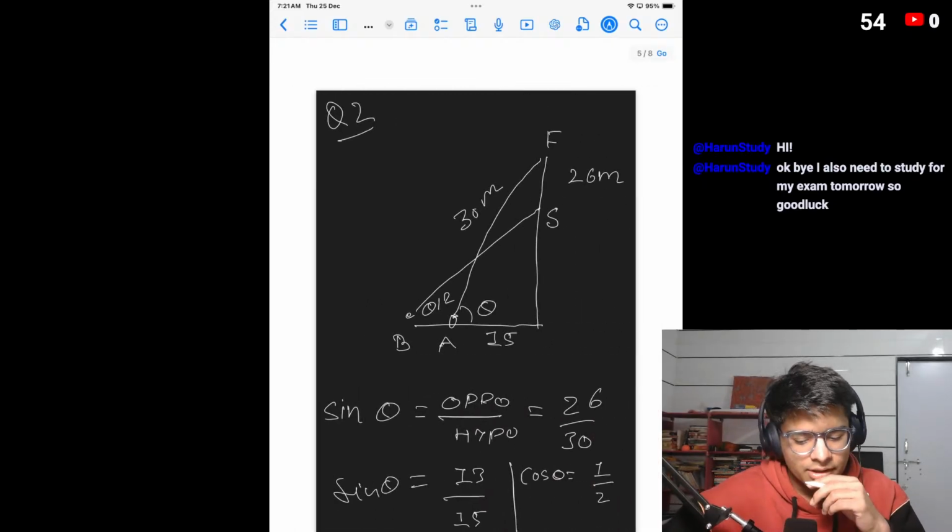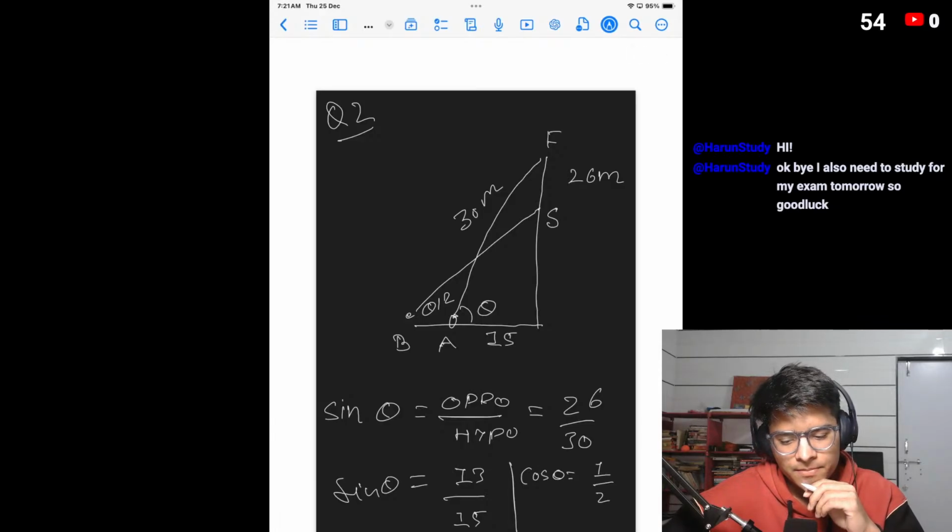Now basically what I want is this distance from B to base over here, which is side adjacent.